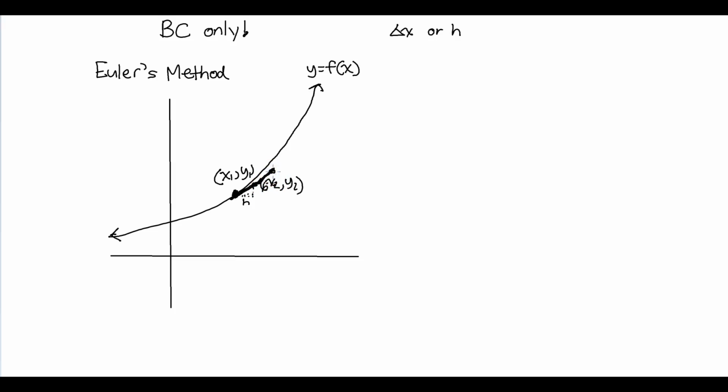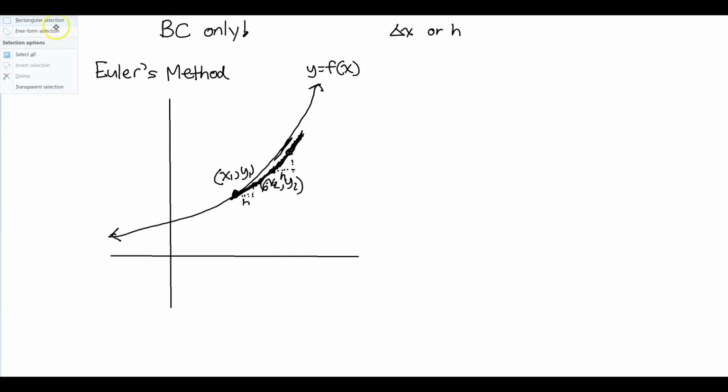And then you would draw another line up until the x-coordinate reaches another step length away. Then you would draw another line with the same slope as the derivative at this point. And see how we're sort of drawing the curve and it's very close to it, okay? We're not leaving the curve.